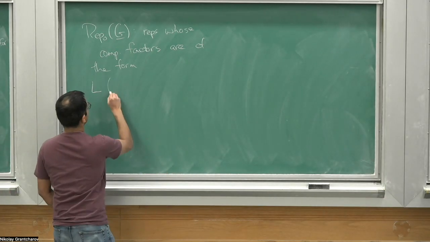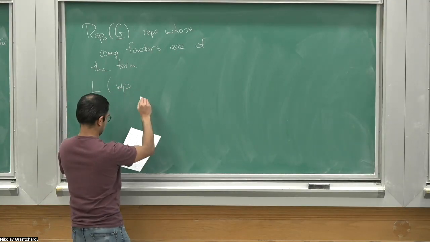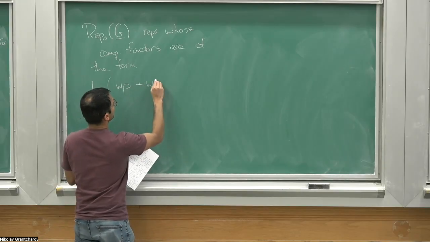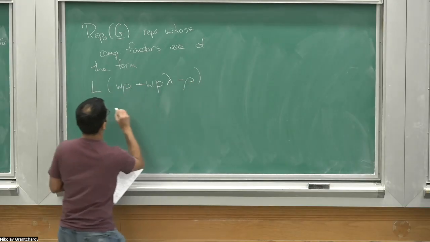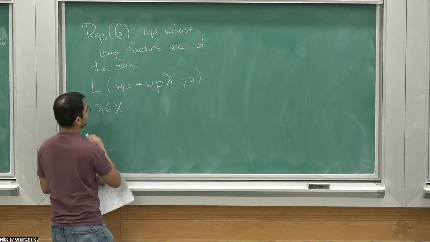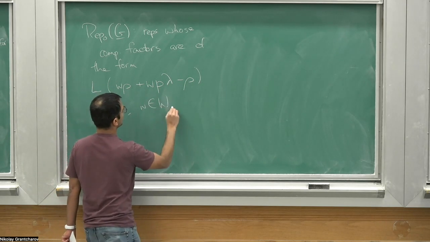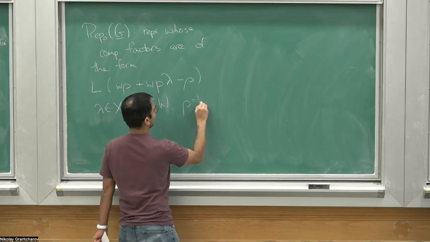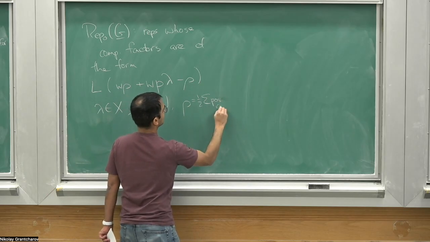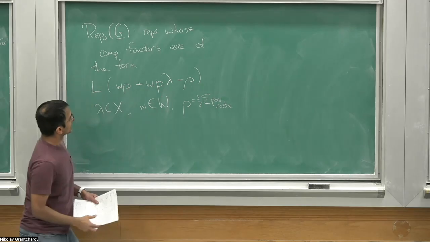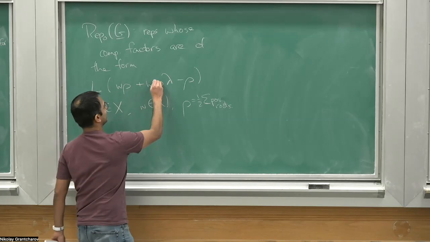And I want to look at representations whose highest weight looks like this: w rho plus w p lambda minus rho, where lambda is any weight and little w is in the Weyl group, and as usual, rho is the half sum of the positive roots. One thing to be careful of here is that there's both a rho and a p, so I'll try to make them clear in my handwriting.